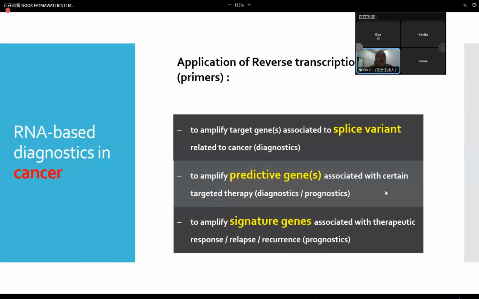And the last one that I can share with you is to amplify signature genes associated with therapeutic response, relapse, and recurrence. So these are examples of application of RNA-based diagnostics in cancer using reverse transcriptase real-time PCR.